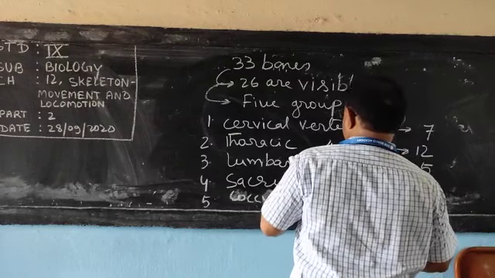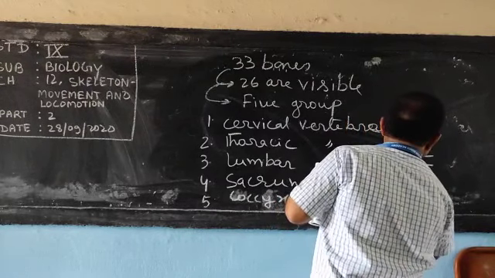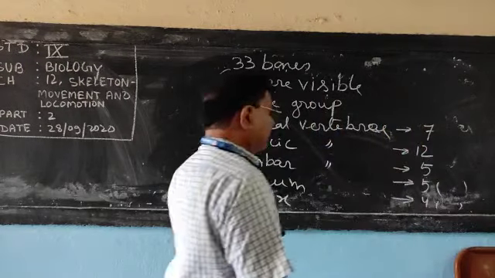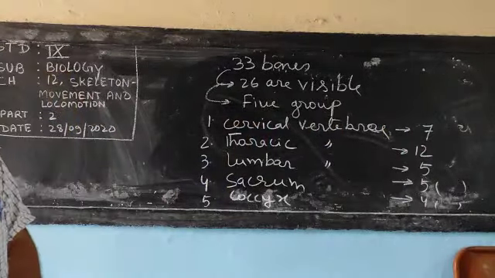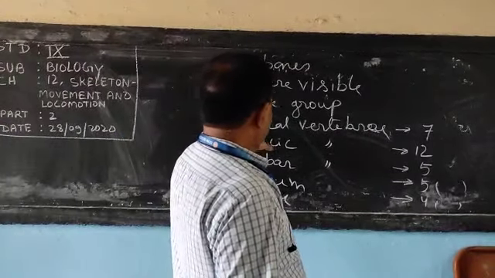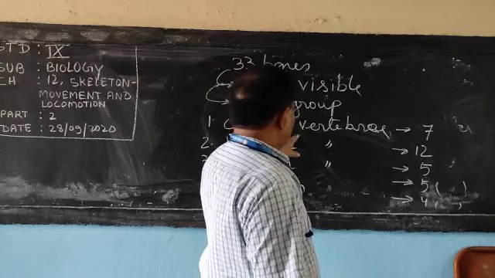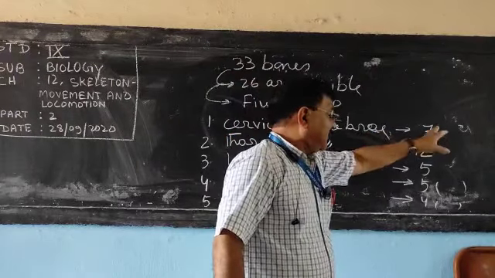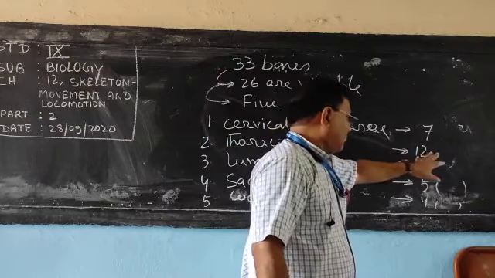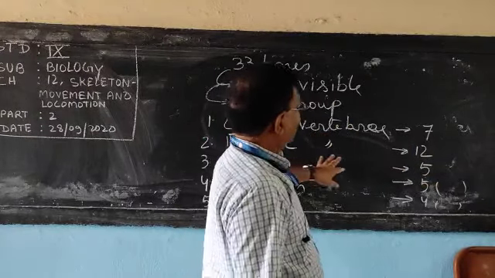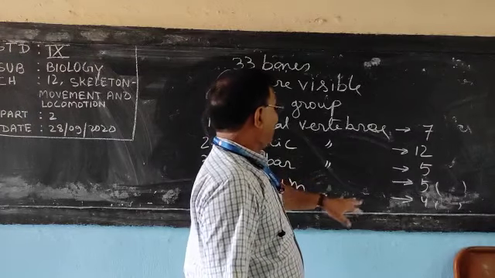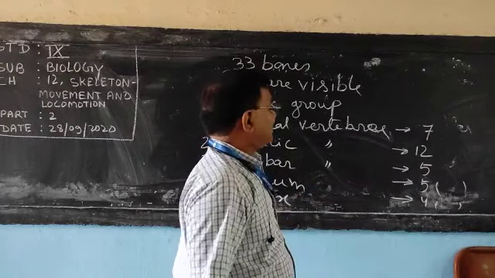And in coccyx, 4. Now, try to understand how many bones are there in our vertebral column. First one is cervical. Cervical vertebrae contain 7 bones. Thoracic contain 12 bones. Lumbar 5. Sacrum 5. And coccyx 4.